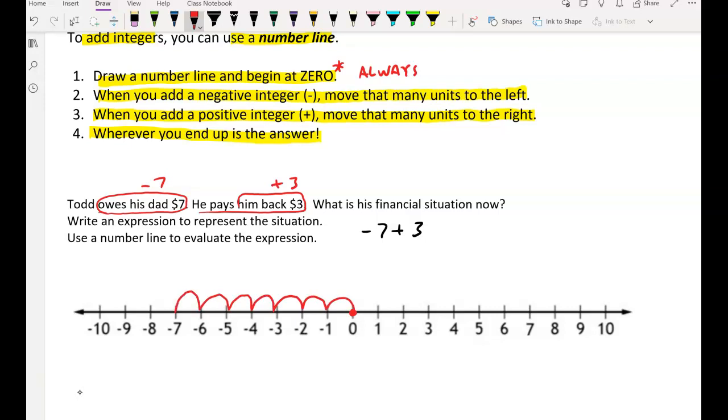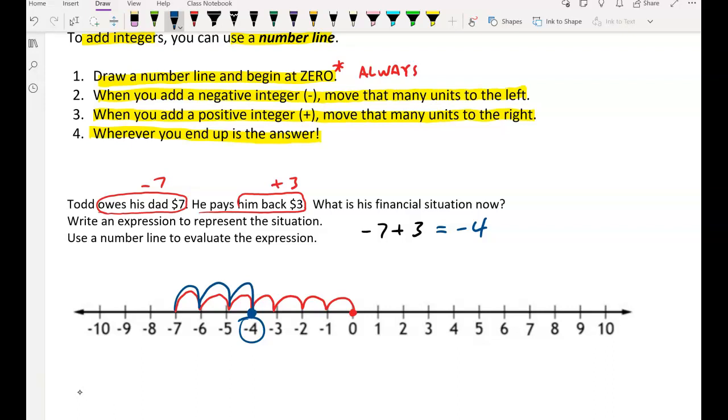And then from there, it says I am going to add positive 3. So, positive 3, I would go 1, 2, 3. And where I end up is my answer, negative 4. So negative 7 plus 3 is negative 4.